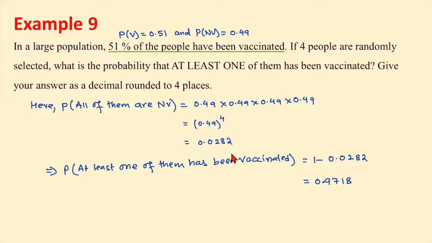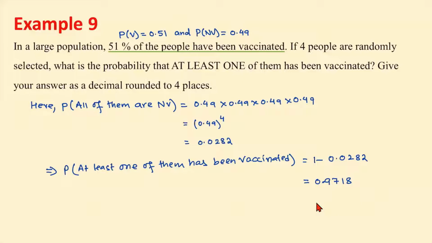So when 4 people are selected at random, the probability that at least one of them has been vaccinated is 0.9718, which is 97%, which is quite high.